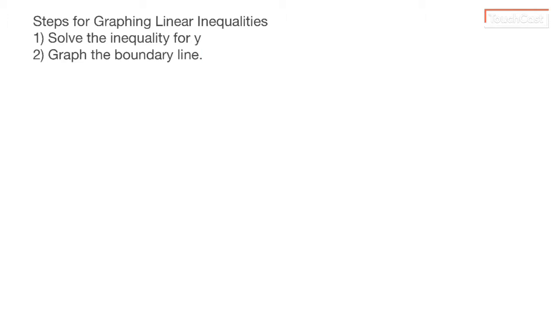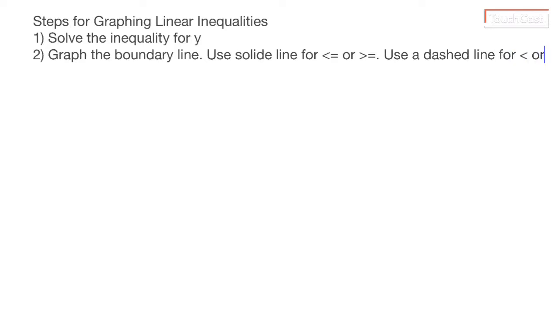We'll use a solid line for cases where we have less than or equal to or greater than or equal to, and we'll use a dashed line for cases where we have less than or greater than.